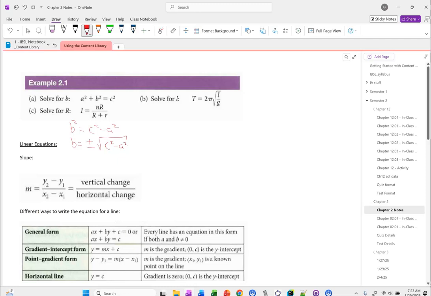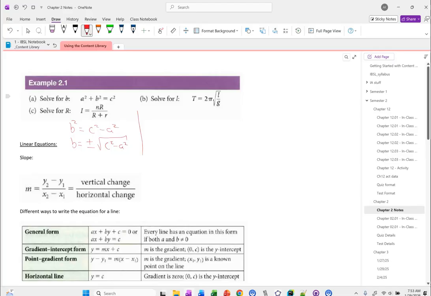All right, what about, let's do C. We're solving for R. What's the complication there? Why is solving for R going to be a little difficult? It's in two separate locations, right? Great. To be able to solve for it, how many locations can it be in? One.